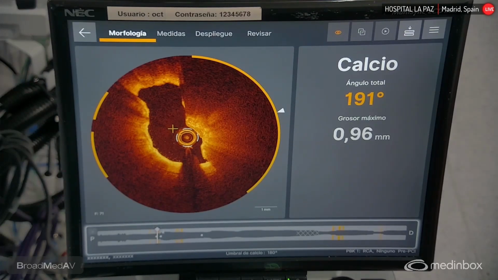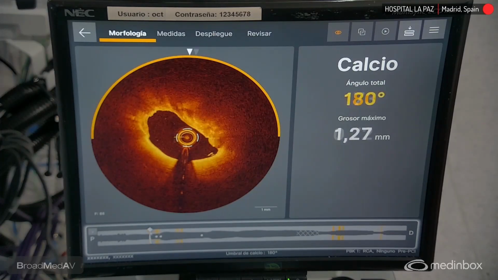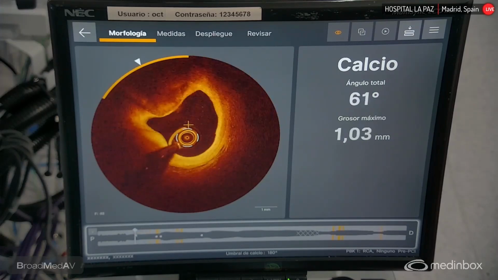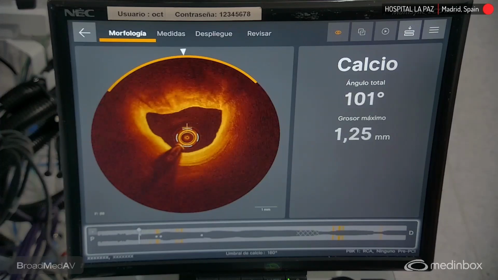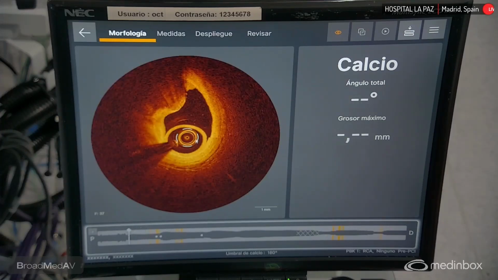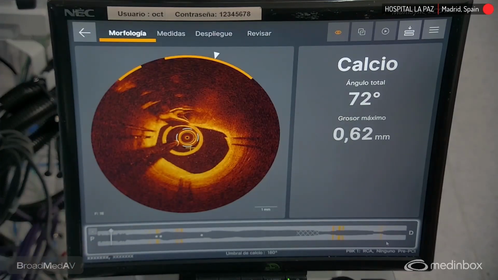There is a significant calcium nodule that makes the advance of the OCT catheter difficult. So this is the reason why we needed to use a guide extension. But you can see the area in this part is good. I think it's not necessary to treat. This is the telescope catheter inside the coronary.